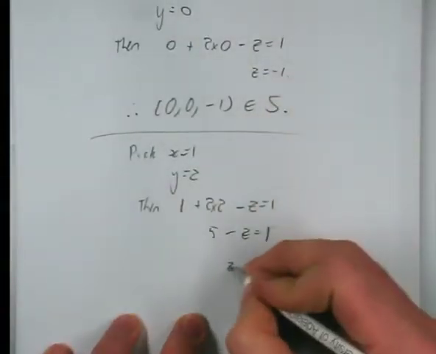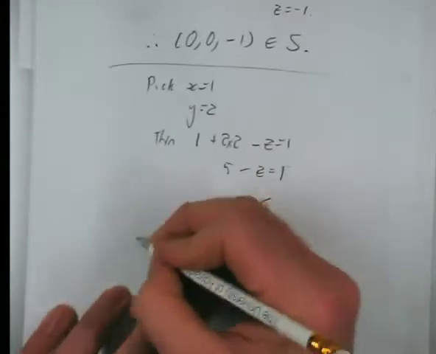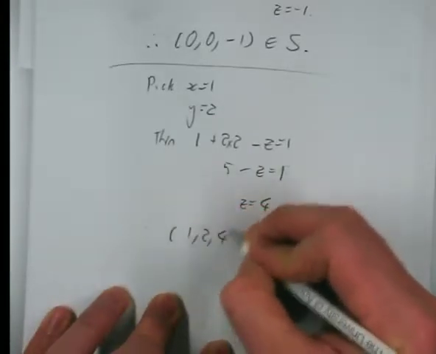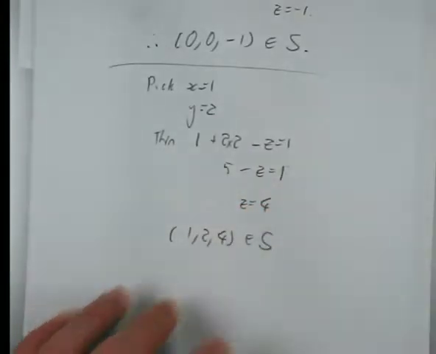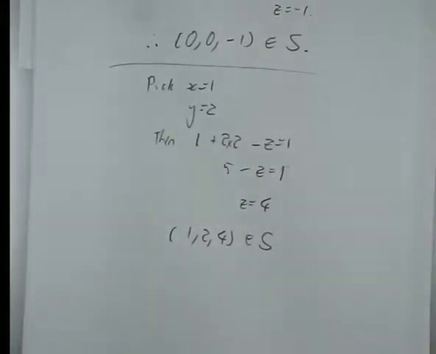And so z would have to be 4. And so therefore the point (1, 2, 4) is in the set. So if you pick two of the coordinates, you should be able to figure out the last one. Now that's only going to be true if they've only got one equation. But it does give you a method for finding points that are in sets.